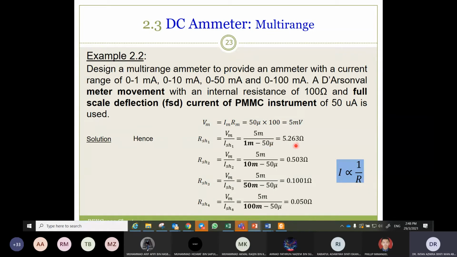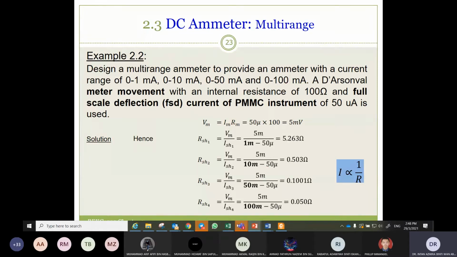For R shunt 2, it is equal to 5 millivolt divided by I2, where I2 is equal to 10 milli. The same goes for the other ranges. We substitute the total current for that range.